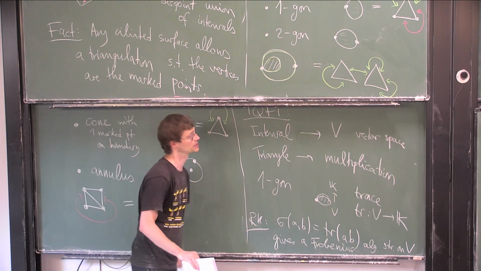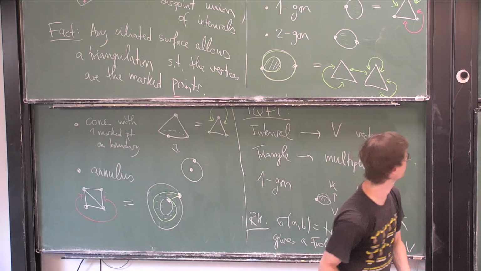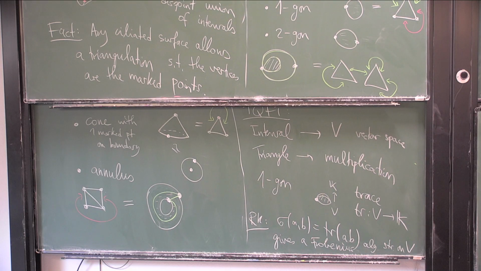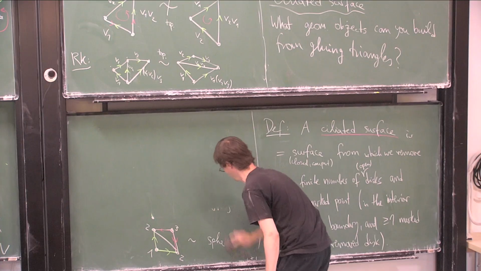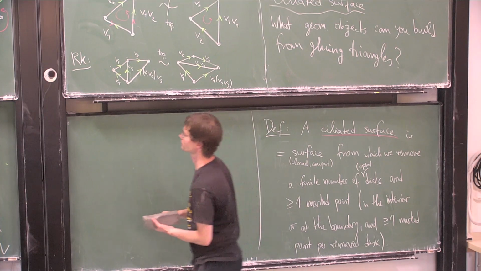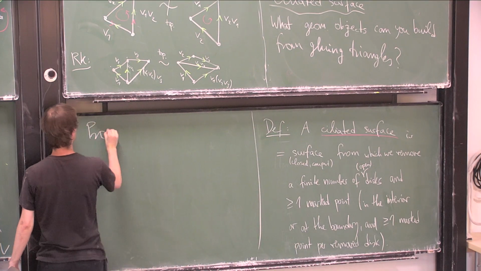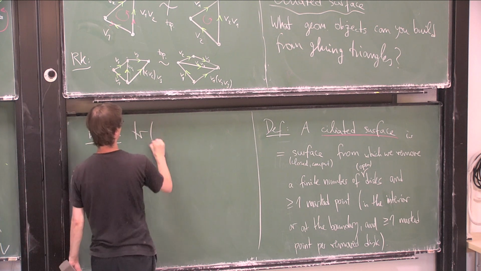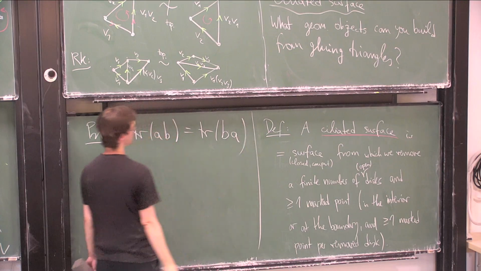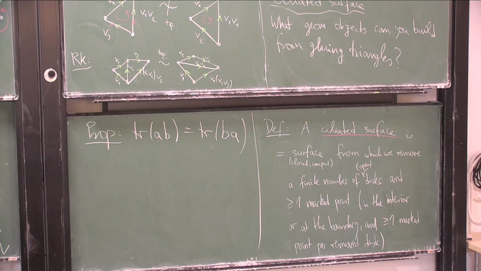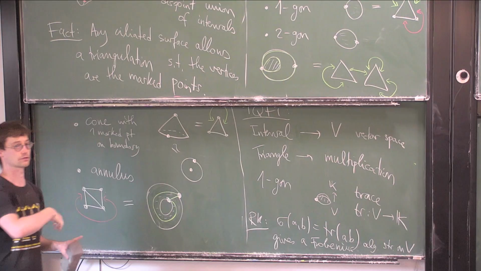It's a bit more, because you have one more property, which a priori is not true in a general Frobenius algebra. One more property, which is the following proposition: trace of AB equals trace of BA. So multiplication is not commutative, but when you apply trace to it, it is.